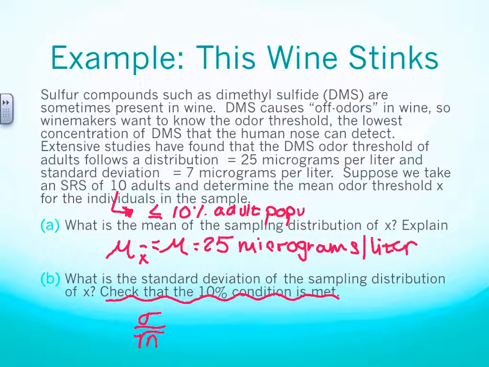So you can assume independence and you can use the standard deviation as follows. Your standard deviation, they told you, was 7. Your sample size here, 10. That would give you a standard deviation of 2.214.